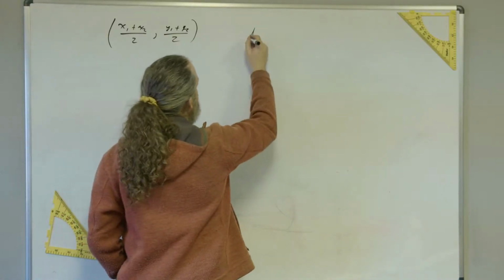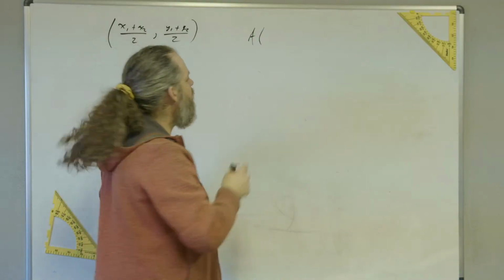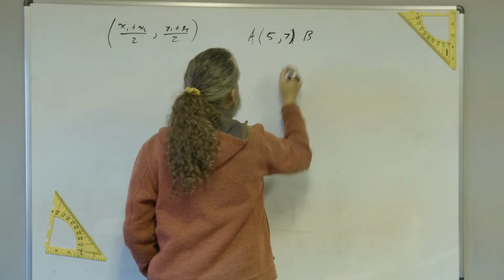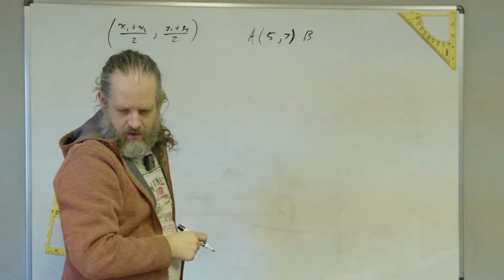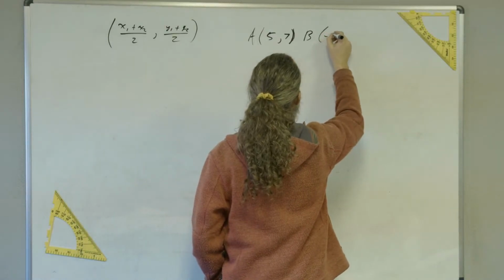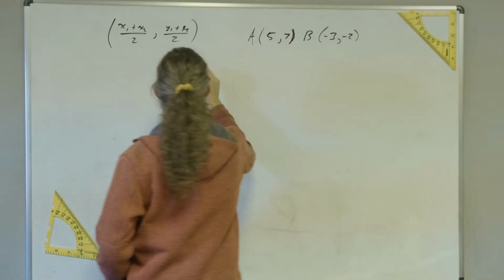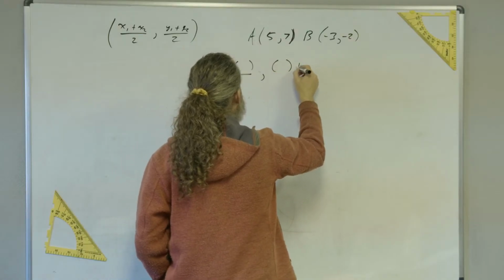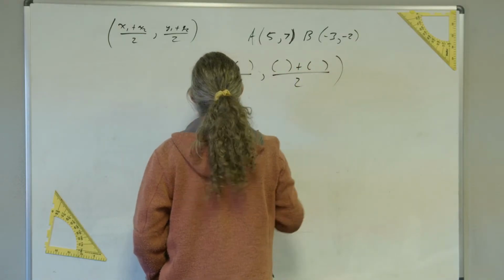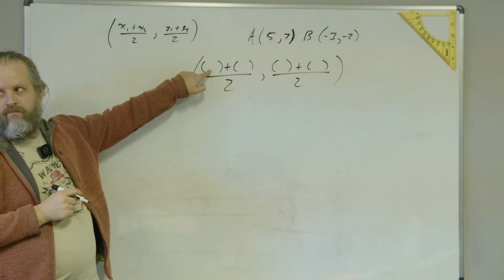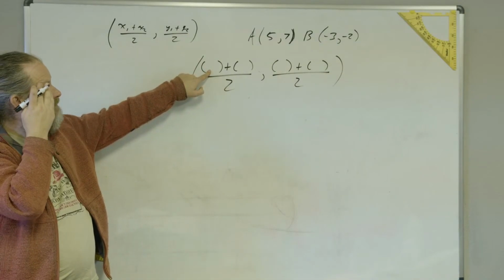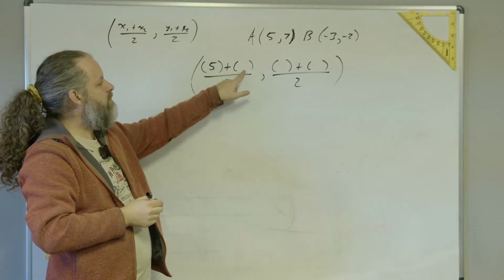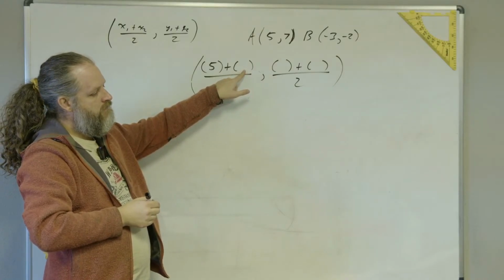And the points are 5, 7, and -3, -2. So what are we going to put right here? What about this one? -3.